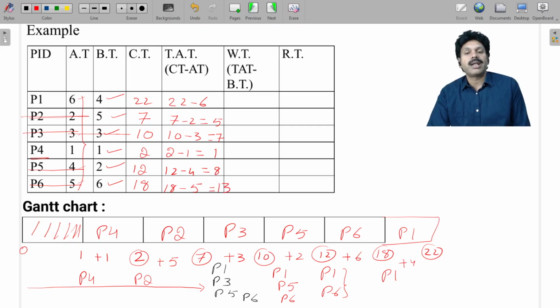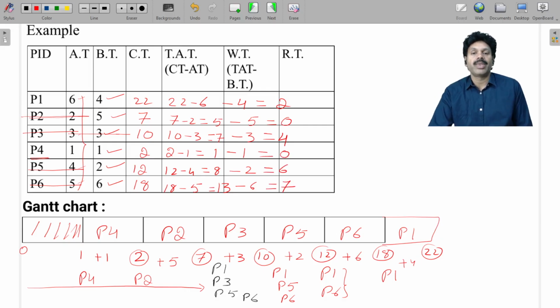Waiting time is turnaround time minus burst time: minus burst time 4, minus burst time 5, minus burst time 3, minus burst time 1, minus burst time 2, minus burst time 6. So 6 minus 4 is 2, 5 minus 5 is 0, 7 minus 3 is 4, 1 minus 1 is 0, 8 minus 2 is 6, and 13 minus 6 is 7.